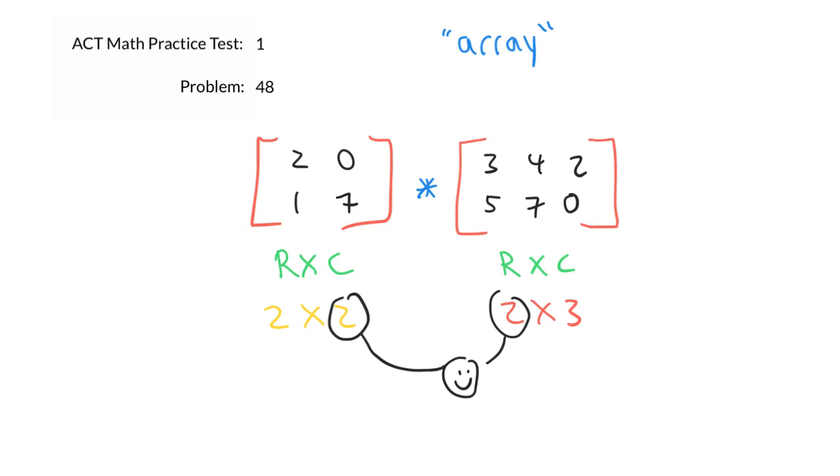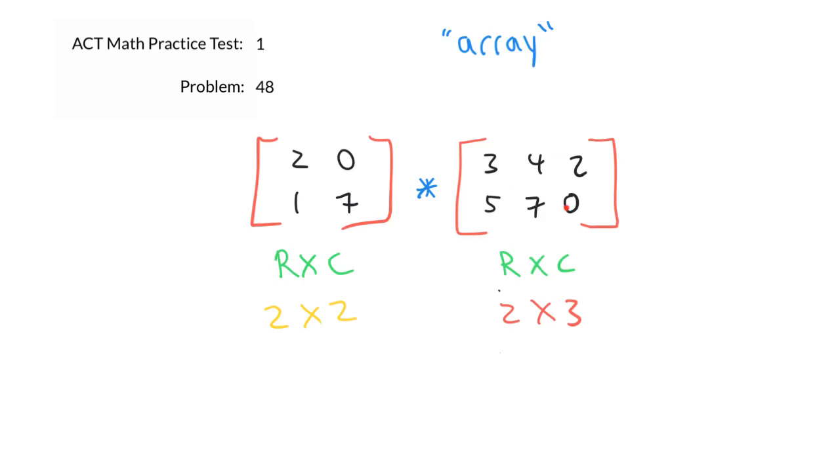Now, let's be very careful. Notice how the order matters. I'll just erase all this. Do you see how the first one is 2 by 2, and the next one is 2 by 3? And we just discovered that yes, we could totally multiply these.